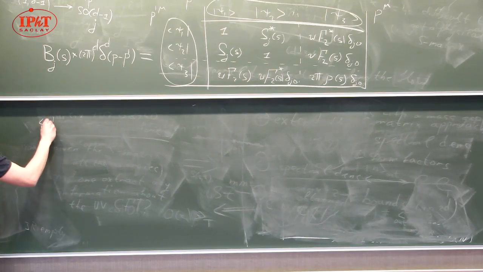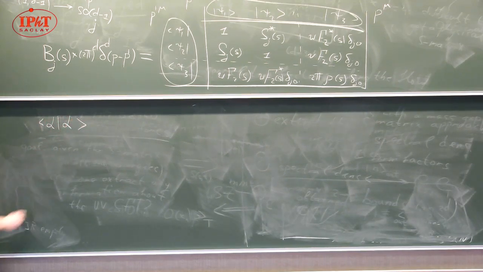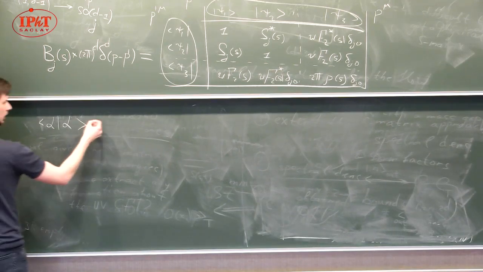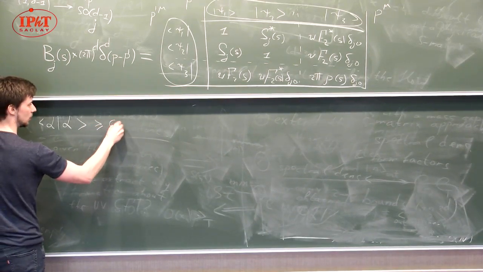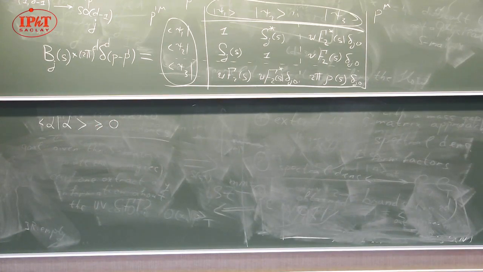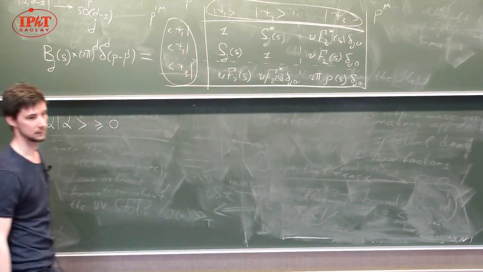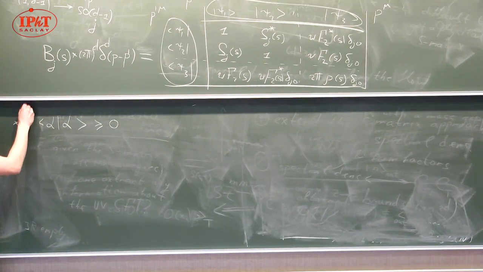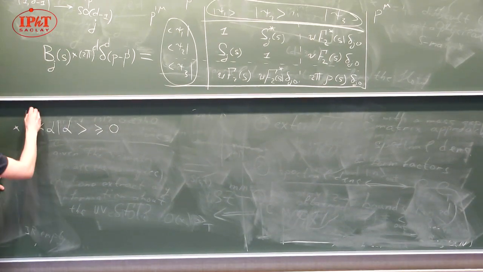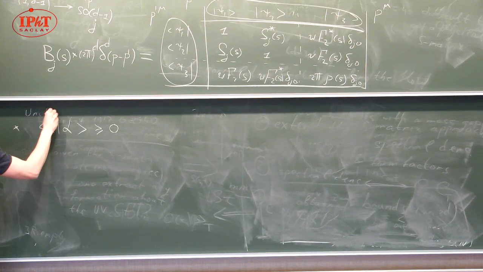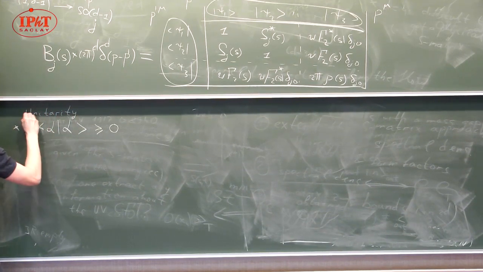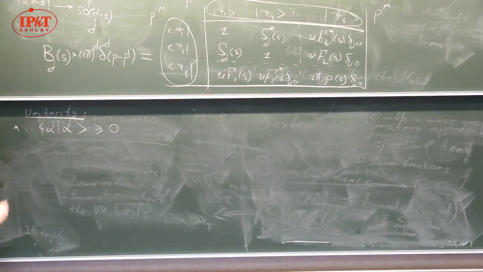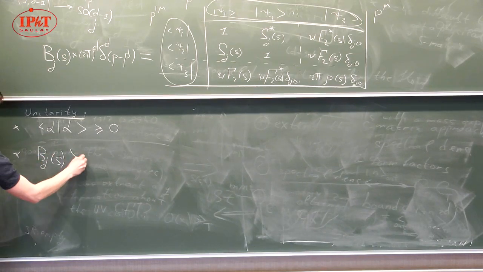And I would like to take an inner product of a state with itself, alpha alpha. This quantity in a unitary theory should be non-negative. Now, if I have different states, I have to construct a matrix of this form, and the statement is this is unitarity. But when we have more than one state, the constraint is the following: the whole matrix should be positive semi-definite.